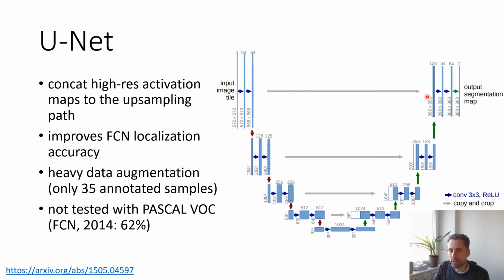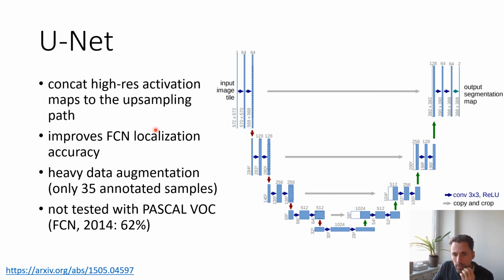And that is because this was used for the cell segmentation task, and most cells appear in the center. So I think that was the idea behind cropping away so much.